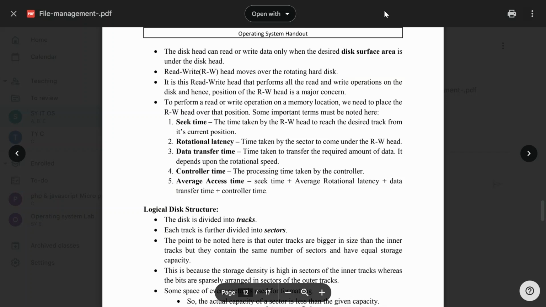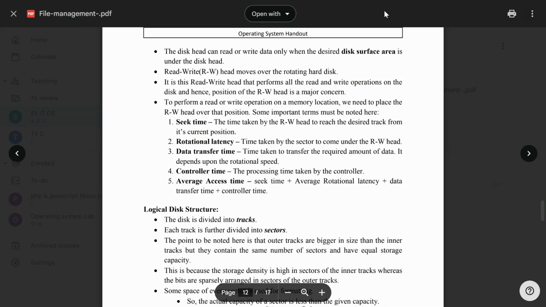The second one is the rotational latency, which is the time taken by the sector to come under the read write head. The platters are divided into sectors, and the time taken for the sector to come under the read write head is the rotational latency.